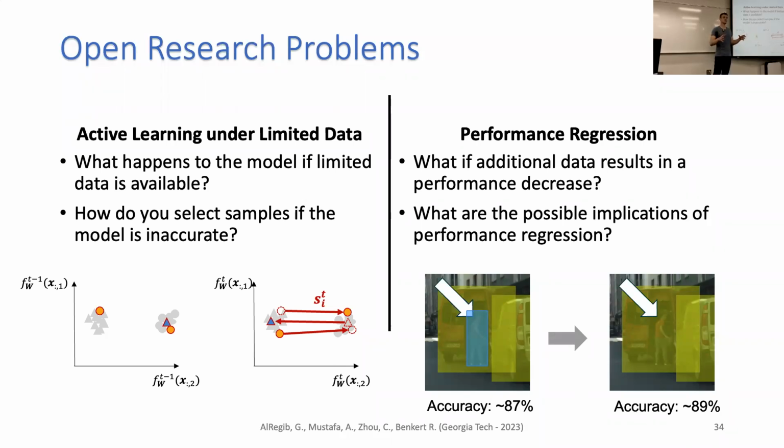If by increasing this data set I am able to detect all cars really well, but I slightly reduce the performance on pedestrians, you can already imagine that this model is very difficult to deploy. I'll go into more detail on this later, and give you a very explicit example in the self-driving car space. But just to give you a taste, that is what I want to talk about in the second part. So that being said, let's move to how these algorithms actually work.